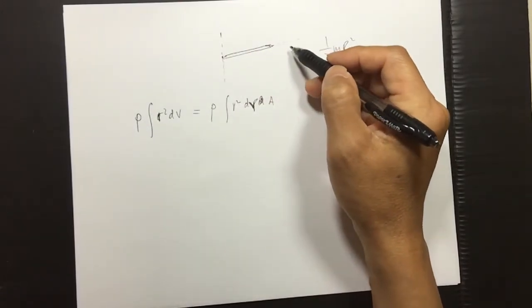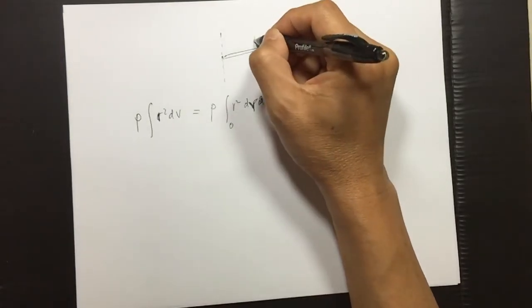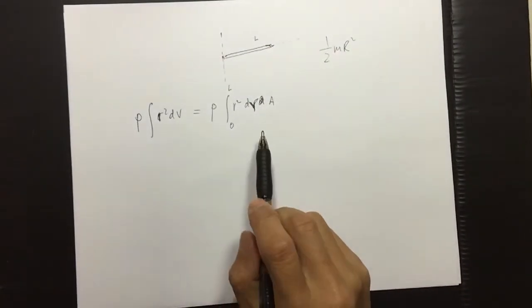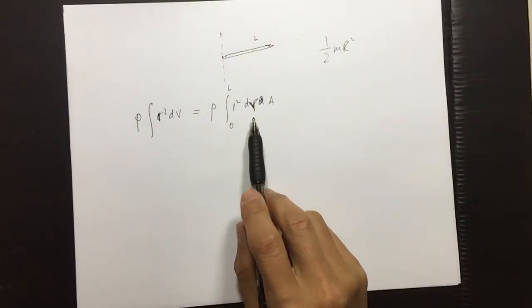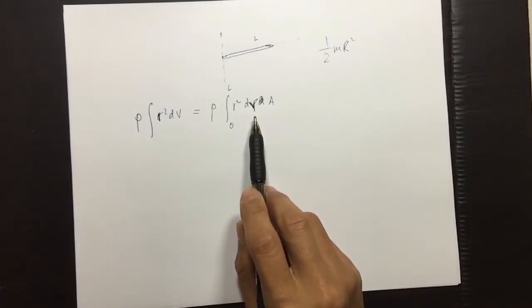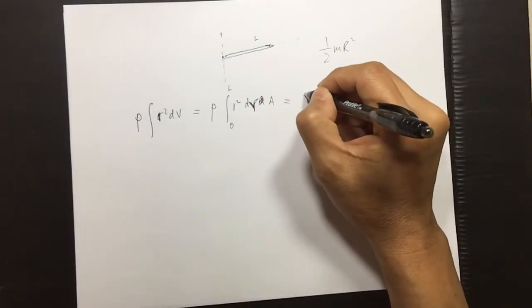R goes from 0, let's say this length is L, 0 to L. So what is the integral of r squared dr? That's r to the power of 3 divided by 3.